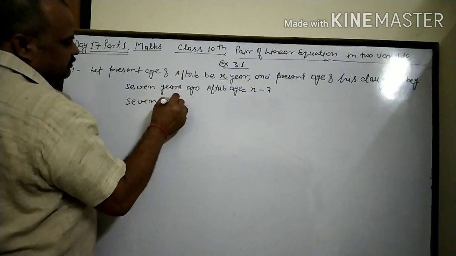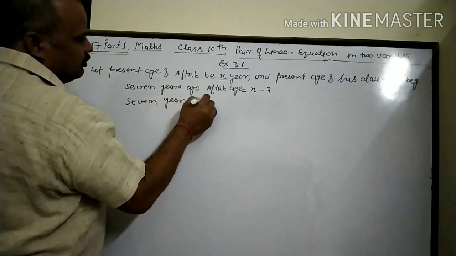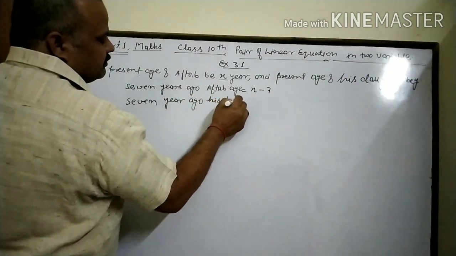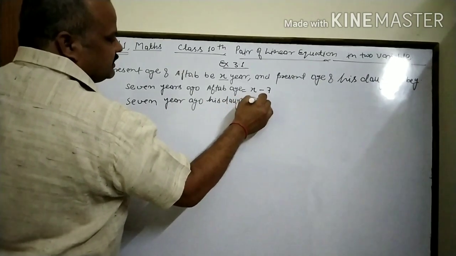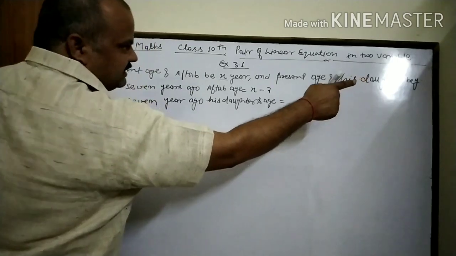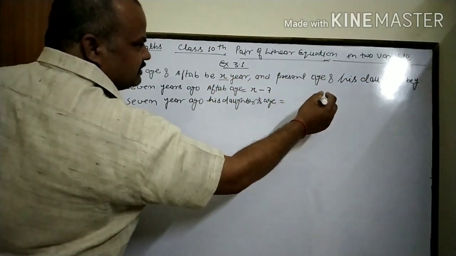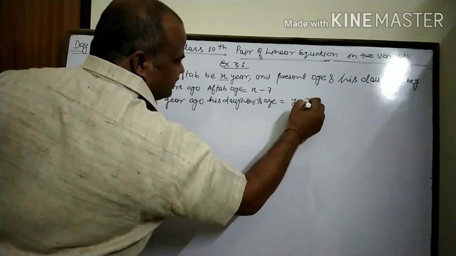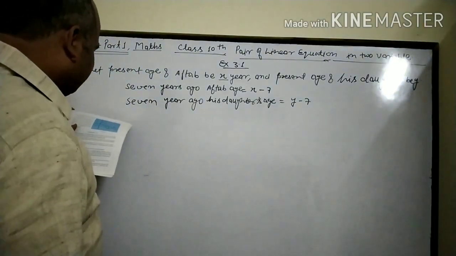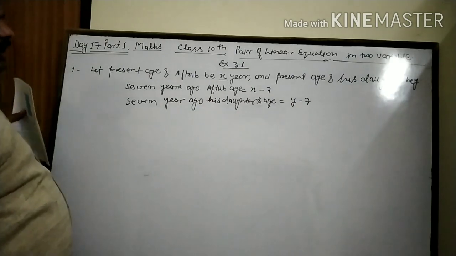In the same way, 7 years ago his daughter's age: the present age of the daughter is y, then y minus 7. Now, 7 years ago I was 7 times as old as you.